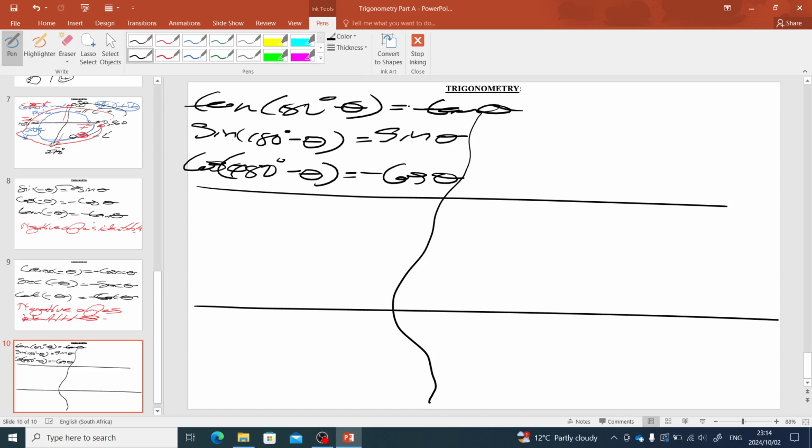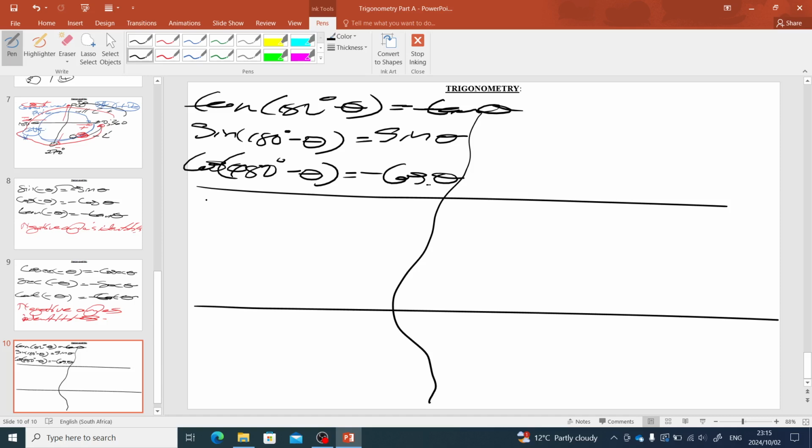Here we've applied the negative angle. Remember, it is cos, it means the angle here is negative. But when we apply the negative angle identities, we are able to convert the negative angle to being positive. That's what we mean by that.